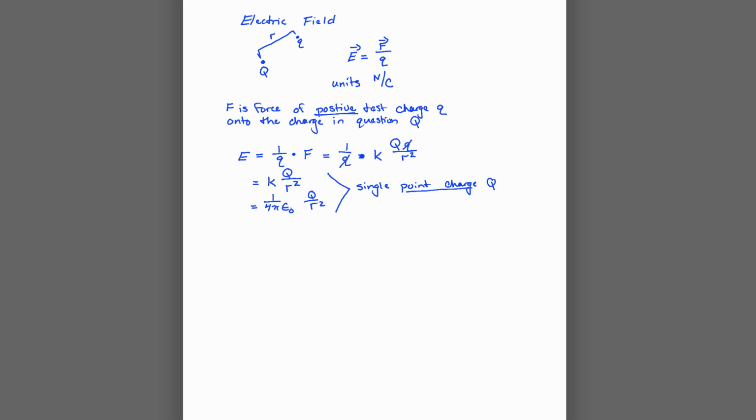Again, this is a vector field, so we would have to break things down into components, just like we did in our final example of Coulomb's law. So, in order to determine the strength of an electric field due to multiple point charges, we do need to know the direction, because we have to break things down into vector components. So we'll save an example of that for later.